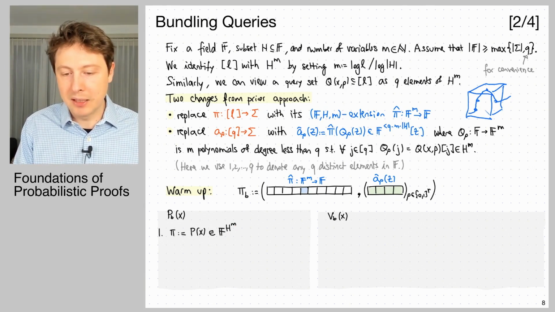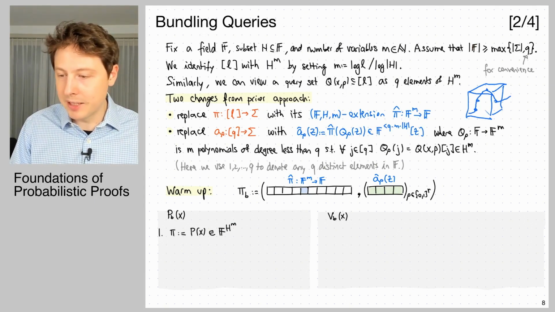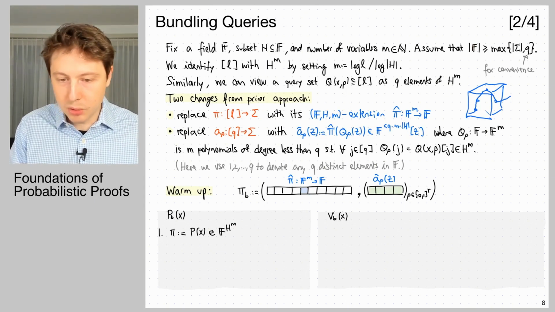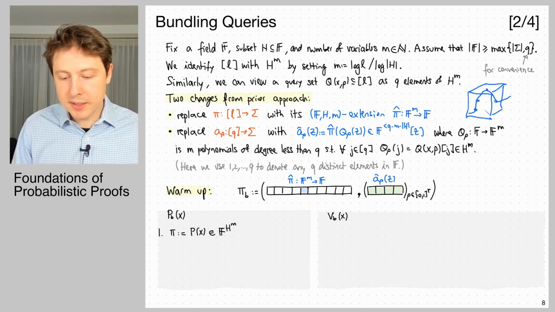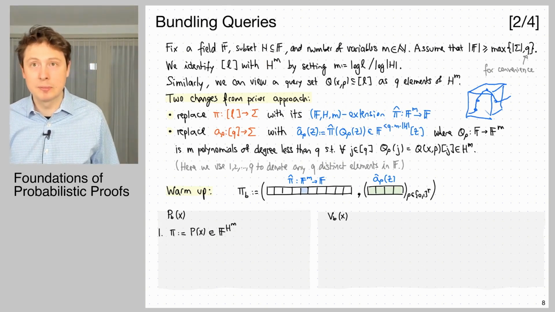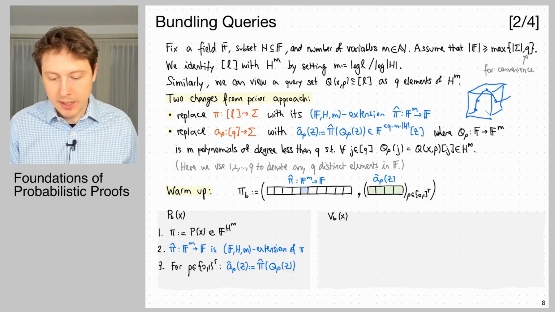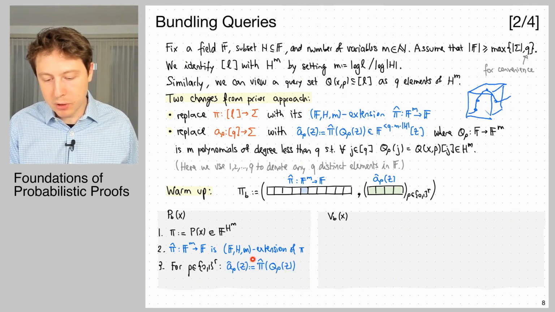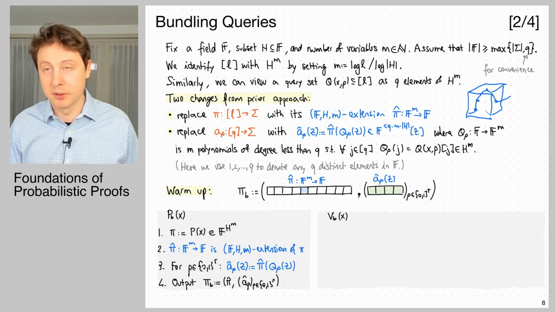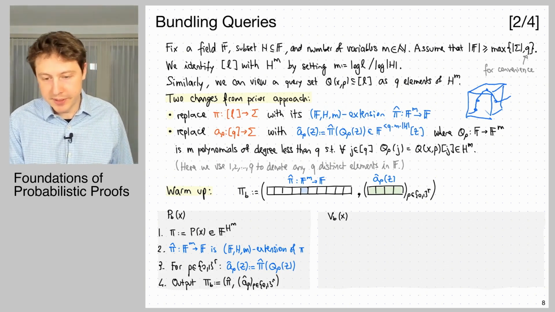Because before it was L to sigma, but now because we embedded sigma into F and L has become h to the m, this thing is a function from h to the m to F. I extend it, I get pi hat, and then I compute all of these composed polynomials and I output this whole bundle. All right, I'm just kind of saying how you compute this.